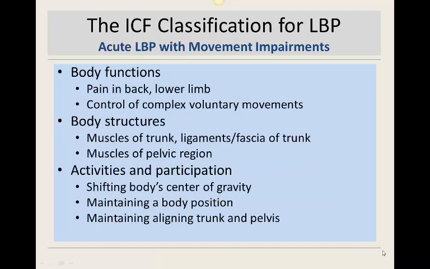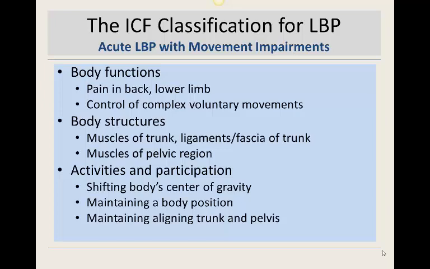The next category is acute low back pain with movement impairments. This classification could also be looked at very similar to the stabilization category in the treatment-based classification, if you're familiar with that. Body functions, pain in the back or lower limb, and control of complex voluntary movements.